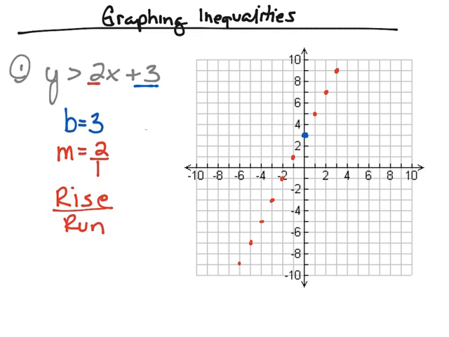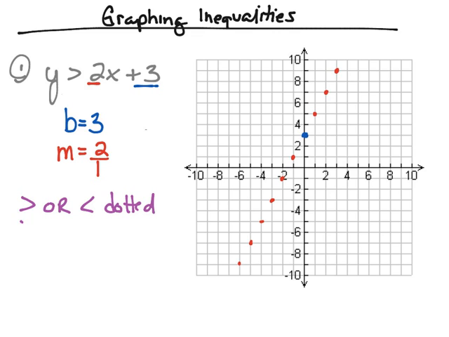Now we're going to have to be careful here. Before I connect the dots, we need to keep in mind that sometimes our lines are going to be dotted and sometimes the lines are going to be solid, and that's all going to depend on our inequality symbols. So here's what we're going to have to watch out for. If we have a greater than or a less than symbol, what we're going to use is a dotted line.